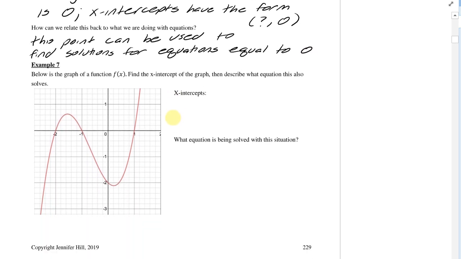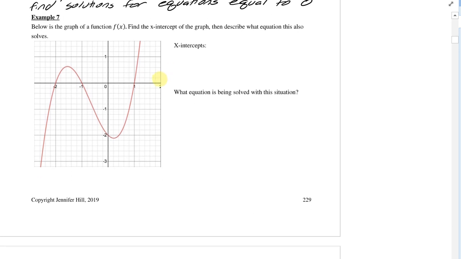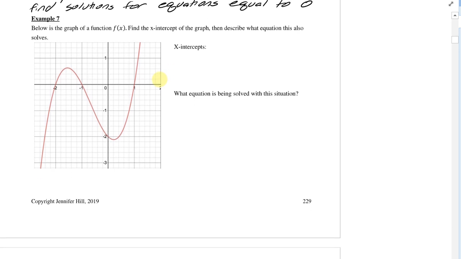So let's go down here to example 7. I have a function here graphed, f of x, and for now, it doesn't even matter what this equation is. I don't want you to worry about that. I just want to show you how we actually leverage this concept of x-intercepts.